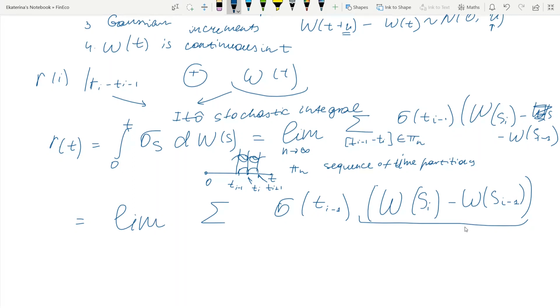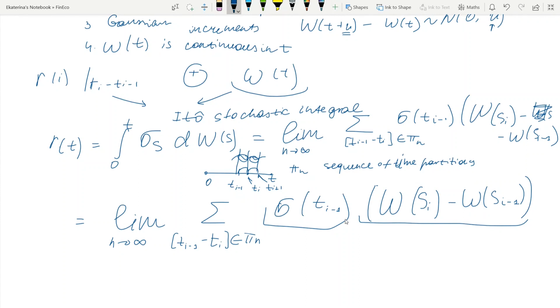Okay, so what are the ingredients of the Ito stochastic integral? First, you take these time partitions. You take little increments in time, and you allow a lot of those teeny tiny increments. And then you start to sum up your random increment times the, okay, let's call it just sigma for now.